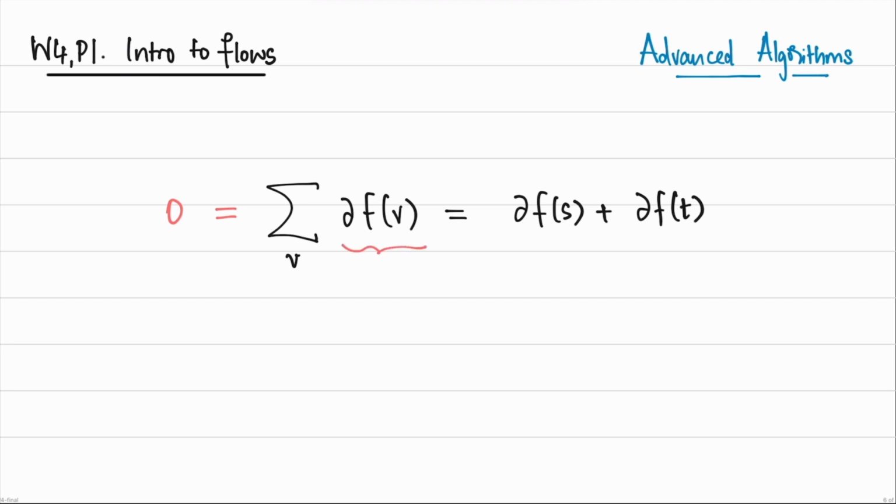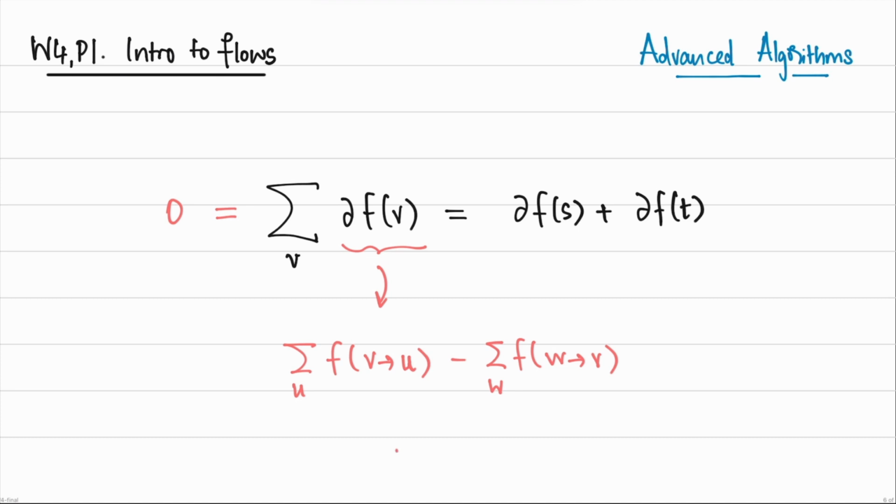Let's again quickly recall what delta of f of v was. It was the total flow that was going out of the vertex v. So we said, let's look at the edges that are going out of v and the edges that are coming into v, and it's the difference of those two things, right?